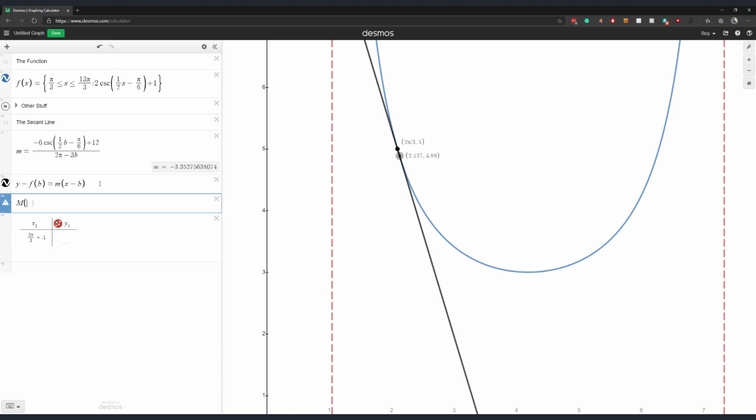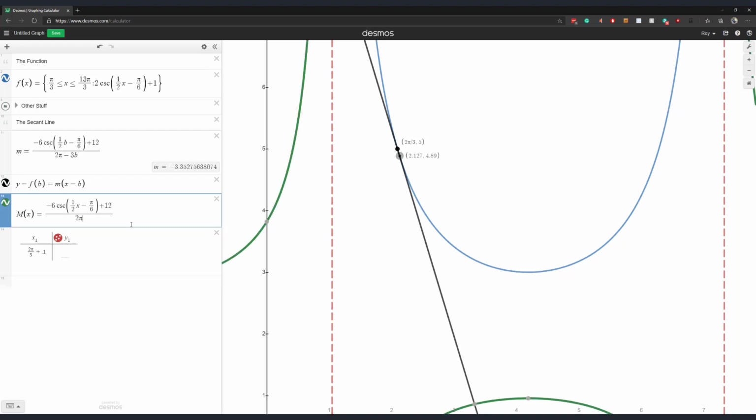I'll say capital M of x is equal to a fraction where the numerator is negative 6 cosecant of, so you notice I'm typing in here our result of computing the function, or the slope, cosecant of 1/2 x, and then minus pi over 6. And let's see, we had a plus 12 there. And in the denominator, we had a 2 pi minus 3x.